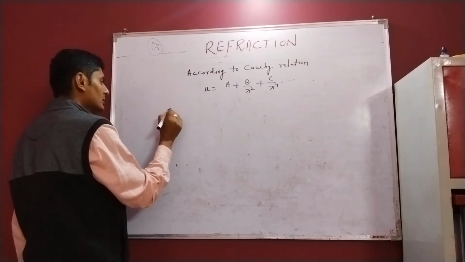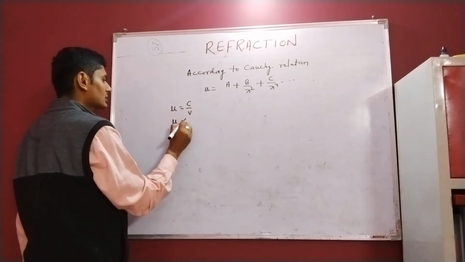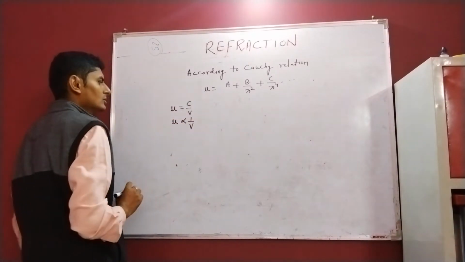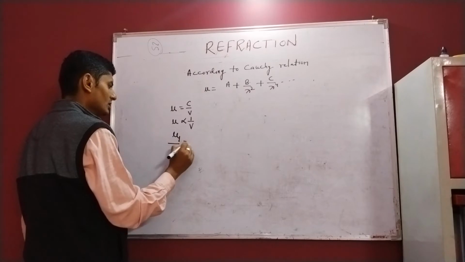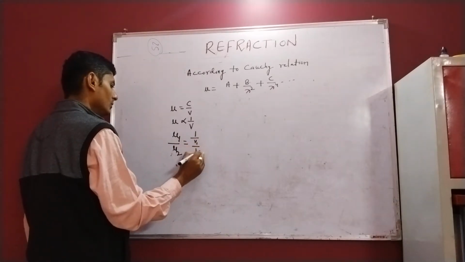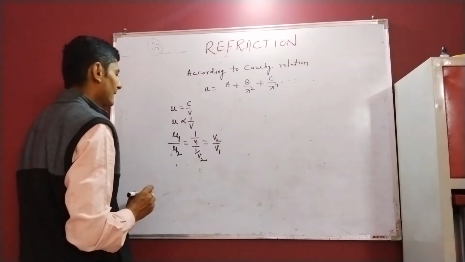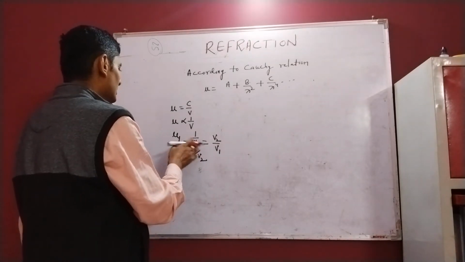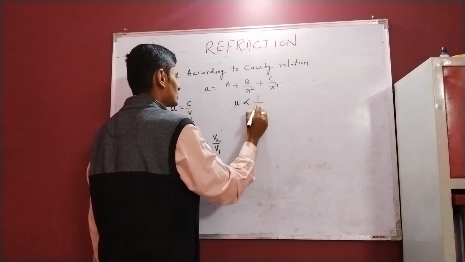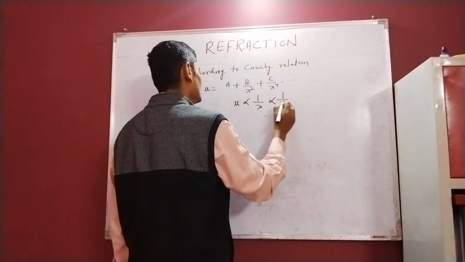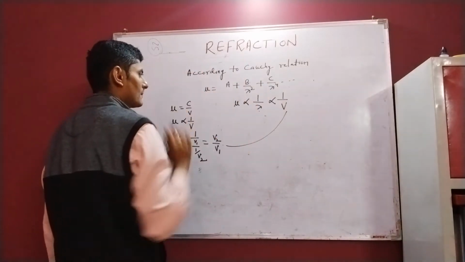So far you have understood that mu, this is absolute refractive index, is C upon V. So mu is of course inversely proportional to V. So mu1 upon mu2 is equal to 1 upon V1 upon 1 upon V2, and this will become V2 upon V1, which suggests that mu is inversely proportional to speed, and this relation suggests that mu is inversely proportional to lambda and inversely proportional to V. This is from here and this one from here.